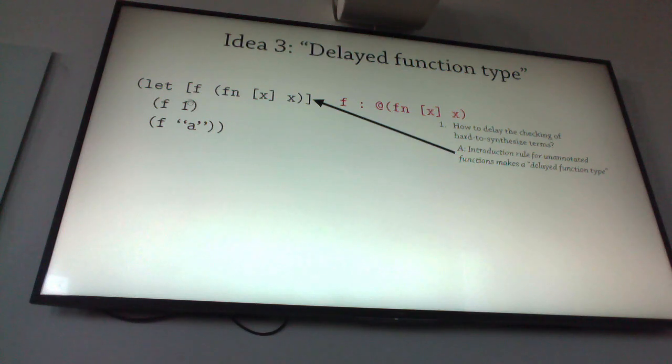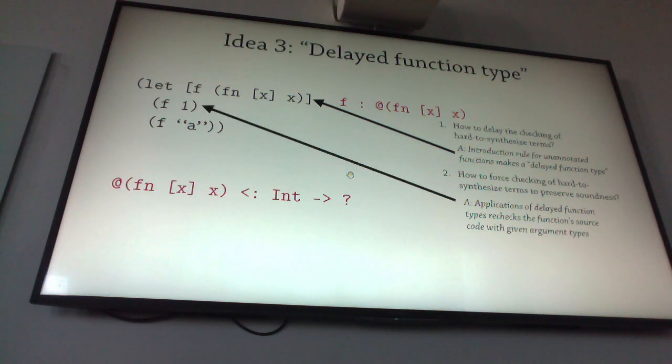So now we have to figure out what we are going to do with the applications. We need to force these applications with the given argument types. Here we have int as an argument, and you can imagine that checking this function type is going to involve a subtyping check with the fact that it needs to take an int.